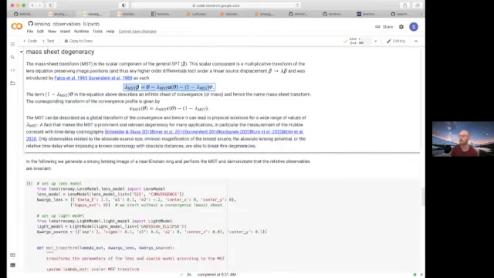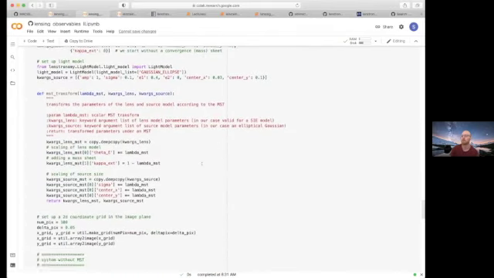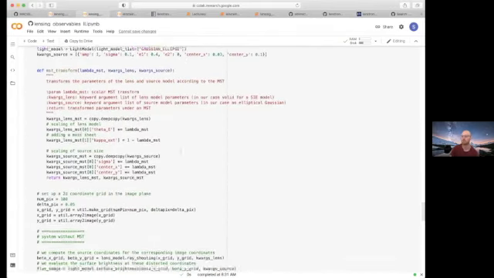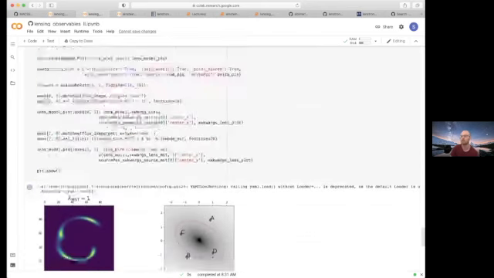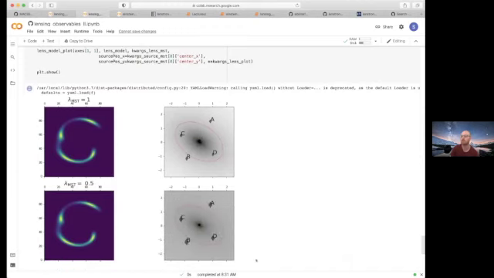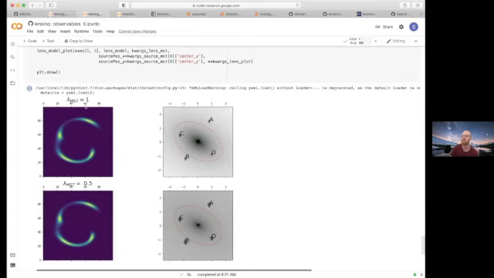In the next block here, we're going to experiment with this degeneracy. This is a bit of a larger block. Some of it you may have seen in the previous block, but in short, we're going to simulate strong lenses with different mass sheet degeneracies. The images are going to look the same, but the lens model is going to be different.